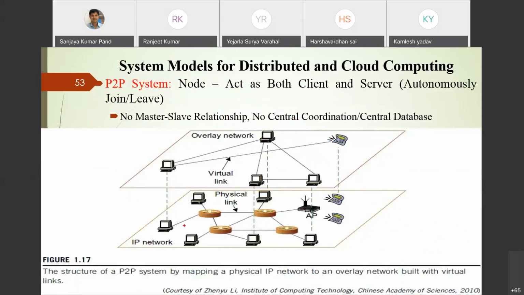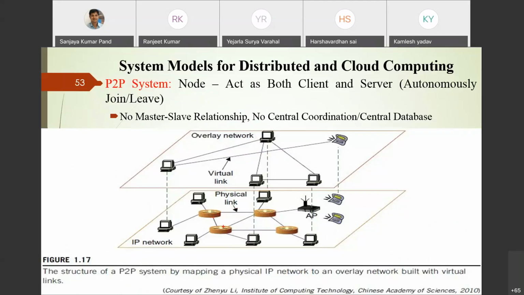So this is the physical link. You can see one computer or one server is connected to another server through a router or a gateway or some interconnection devices. So that is your physical network, and each and every computer is assigned an IP address.